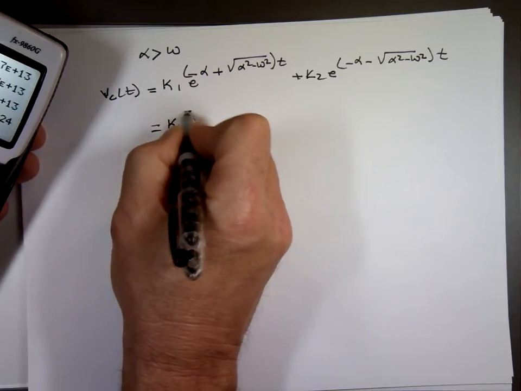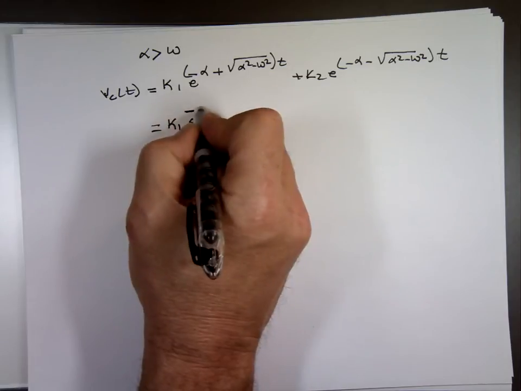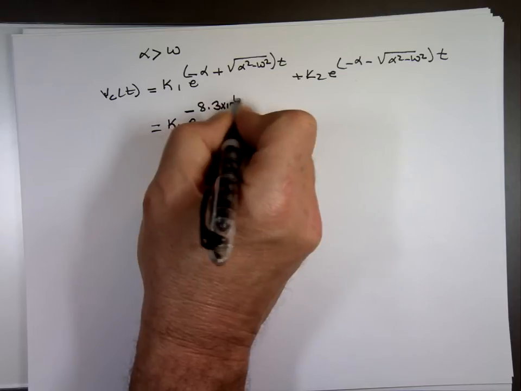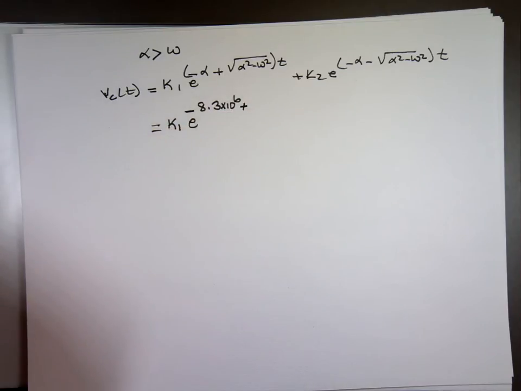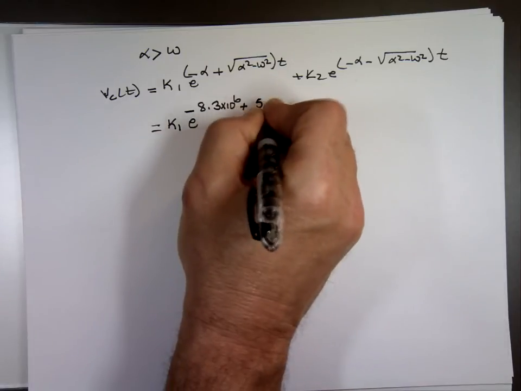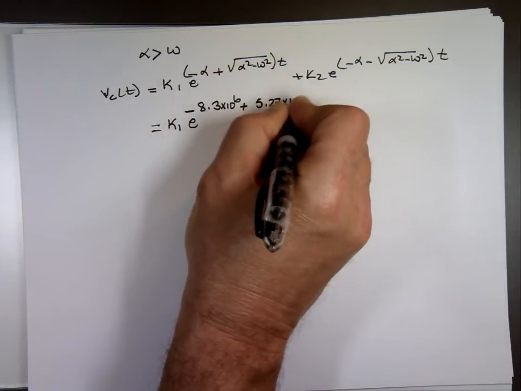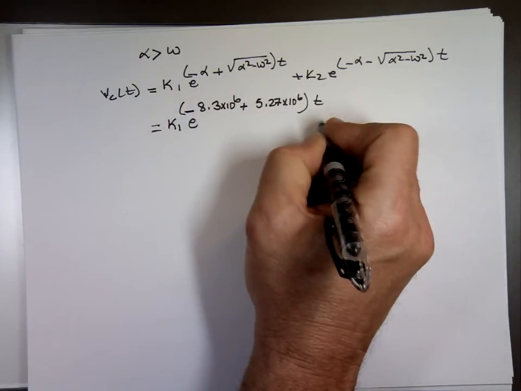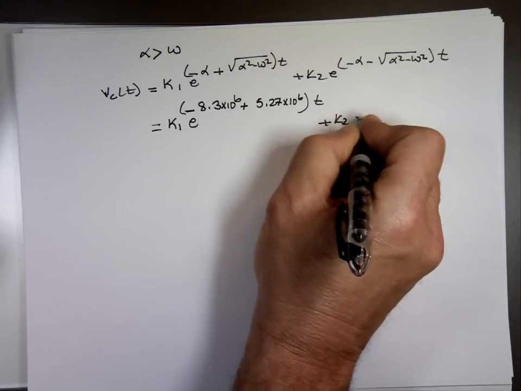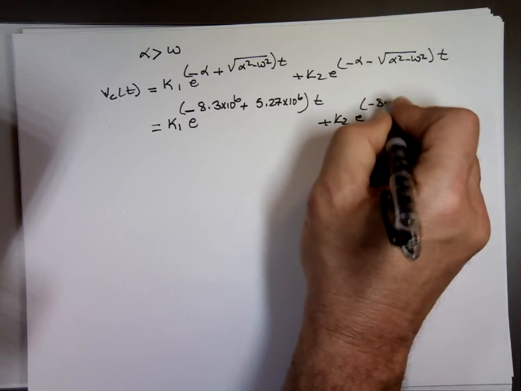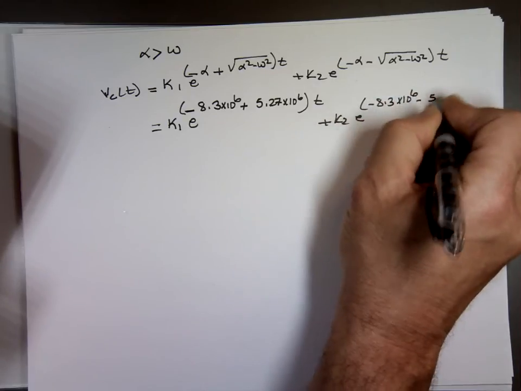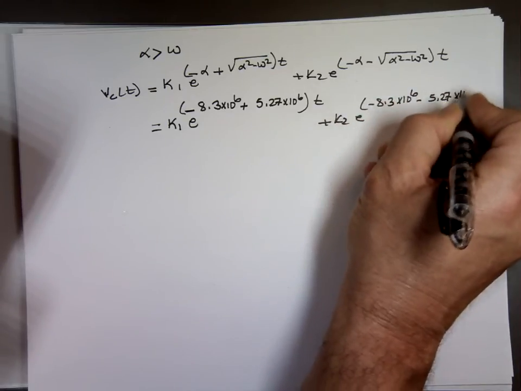Negative, what was alpha? 8.3 times 10 to the 6. That's alpha. This will be a plus 5.27 times 10 to the 6 t. The other one, K2 e to the power of negative 8.3 times 10 to the 6 minus 5.27 times 10 to the 6 t.